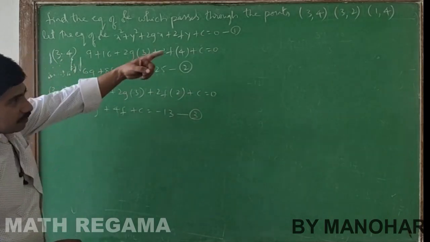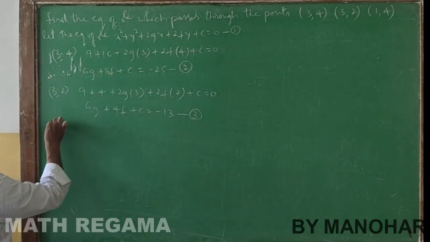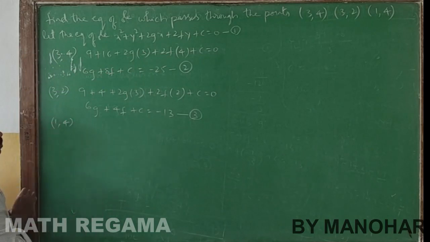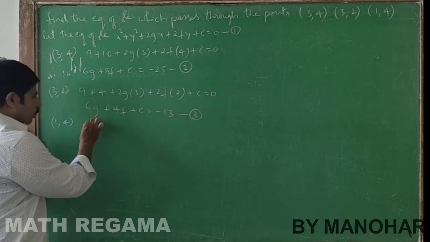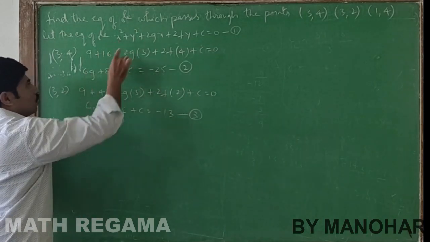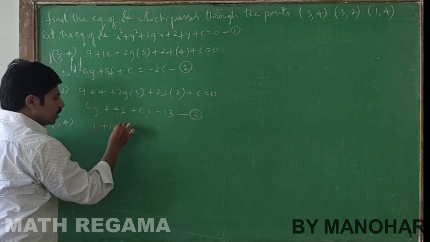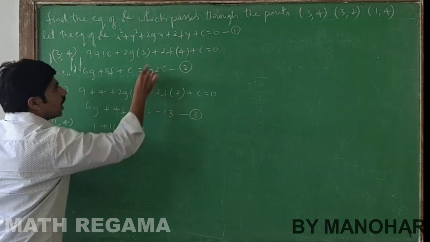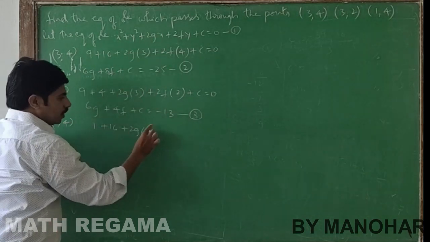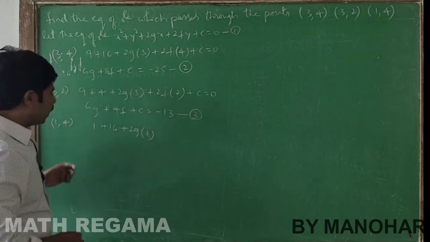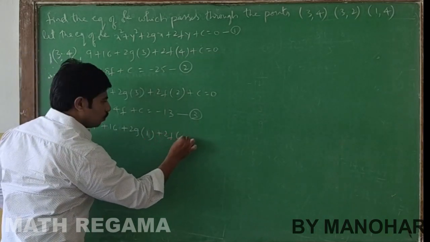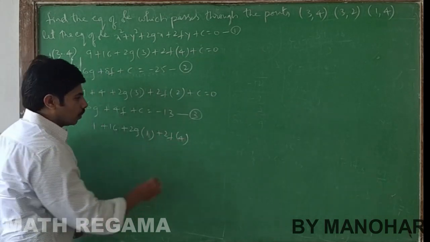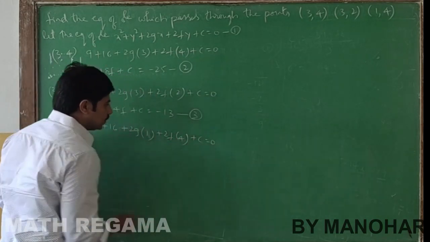Next, the last point given is 1 comma 4. Now substitute 1 comma 4 in equation 1. So 1 square 1, 4 square 16, plus 2gx, x is 1, and y value is 4, so 2f into 4 plus c is equal to 0.